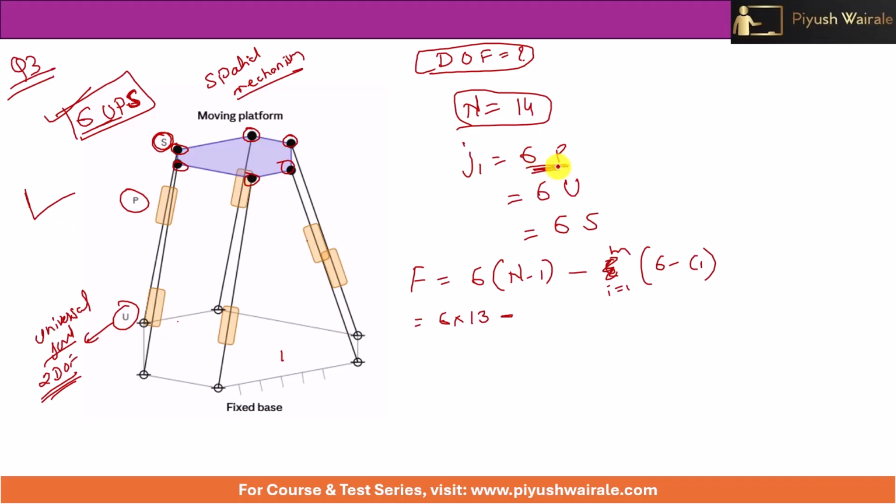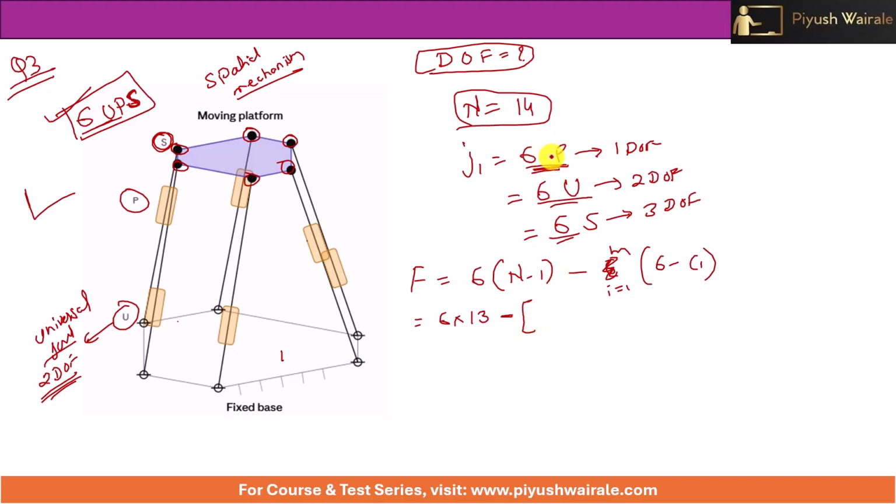Now here we have 6 prismatic joints having 1 degree of freedom. Here we have 6 universal joints having 2 degrees of freedom. Here we have 6 spherical joints having 3 degrees of freedom. Okay, so you have to remember all these things. Now if I just sum it up, let's try to find out.